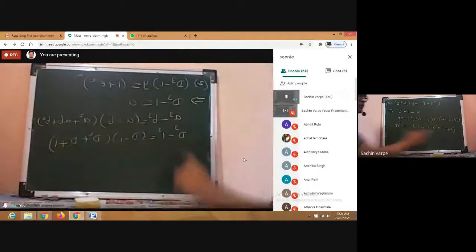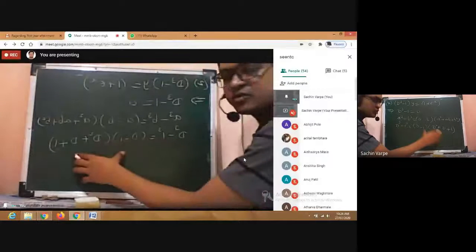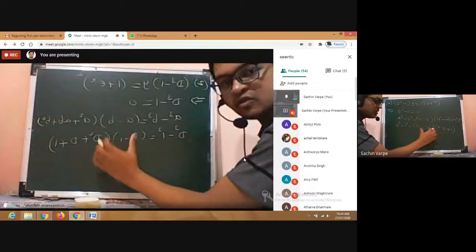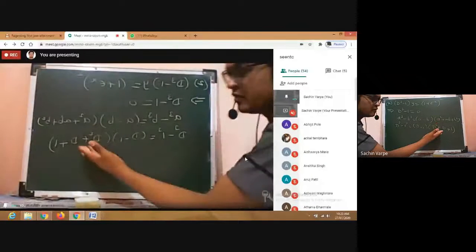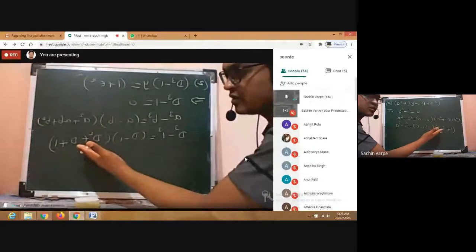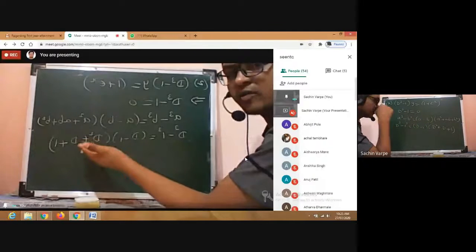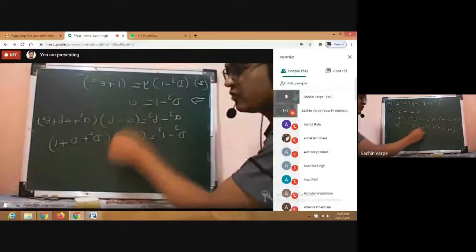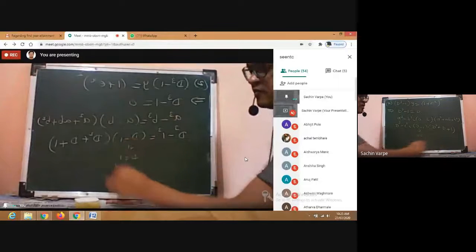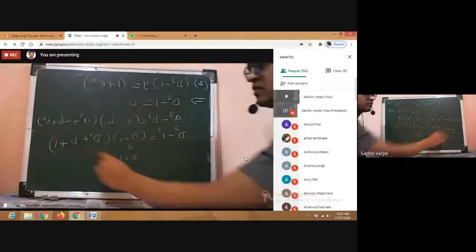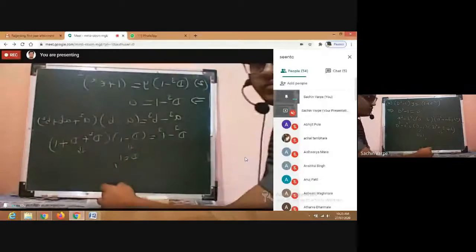So this is equal to 0. D minus 1 equal to 0 means D equal to 1 is a root, and for D square plus D plus 1 equal to 0 we can solve either using the splitting middle term method or by the quadratic formula method. Are the roots real?